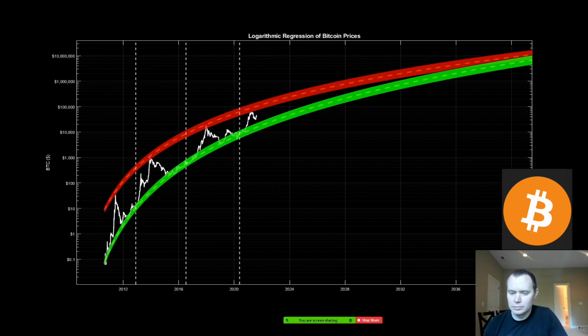So I would not be surprised if we see a sequel of 2013 and a 10x from here. I think that would be totally consistent with having a normally distributed price returns pattern of Bitcoin.